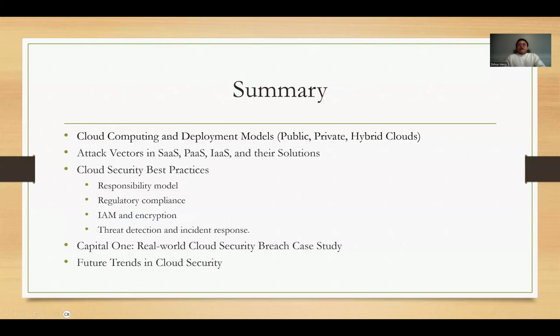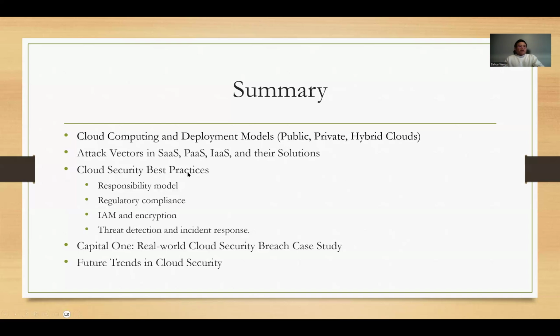Okay, so we have done the lecture. Let us recall what we have done and summarize the lecture. First, we briefly introduced cloud computing and deployment models like public, private, and hybrid clouds. Then we analyzed the attack vectors and solutions in SaaS, PaaS, and infrastructure as a service.